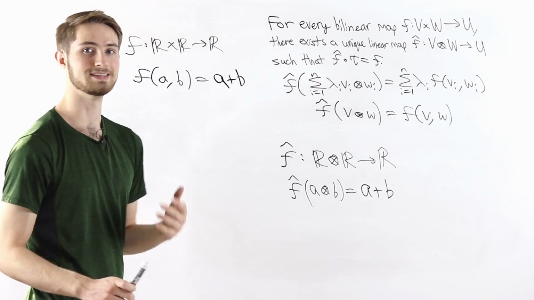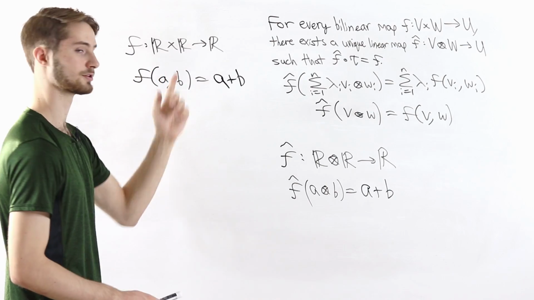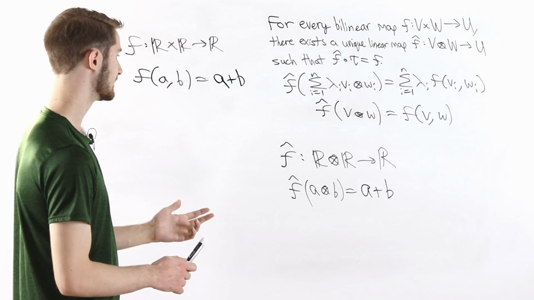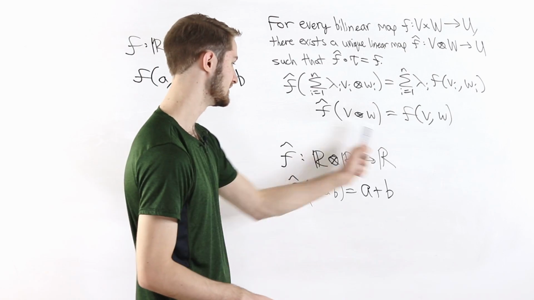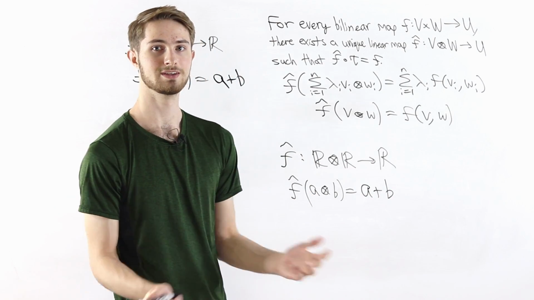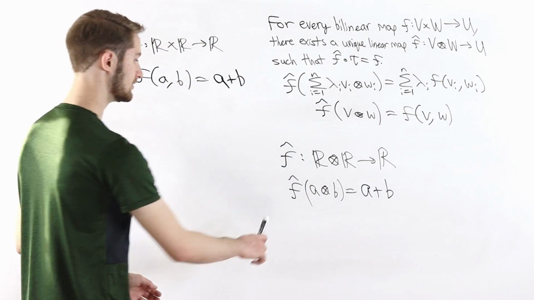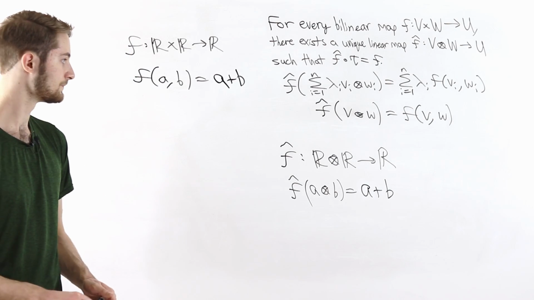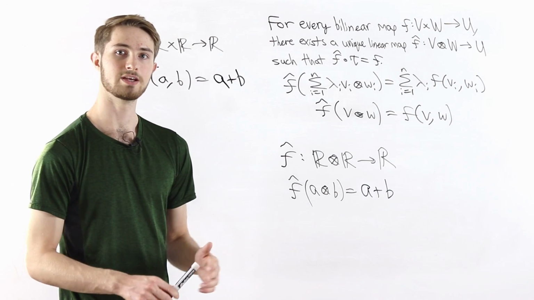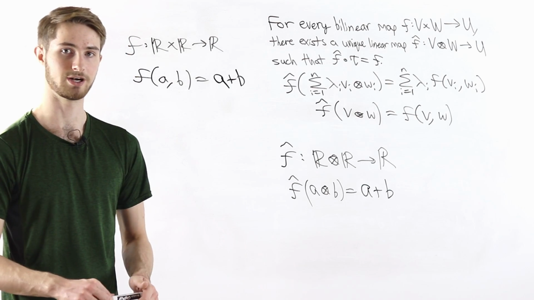A plus b is not a bilinear map on R cross R. So what that means is we cannot apply the universal property, so we cannot guarantee that this function is well defined. And indeed, we found at the beginning of the video, this does not give us a well-defined function on the tensor product. So that's an example of how we can use the universal property.